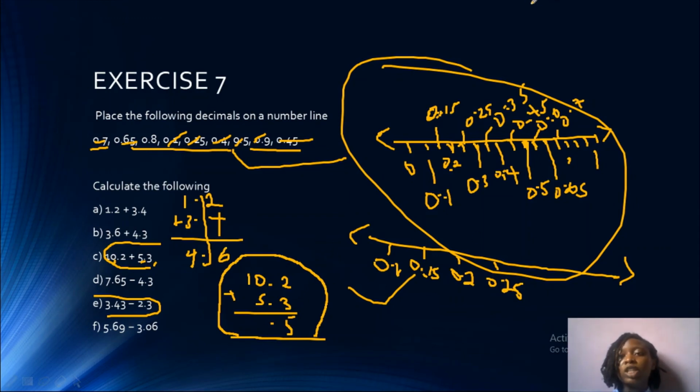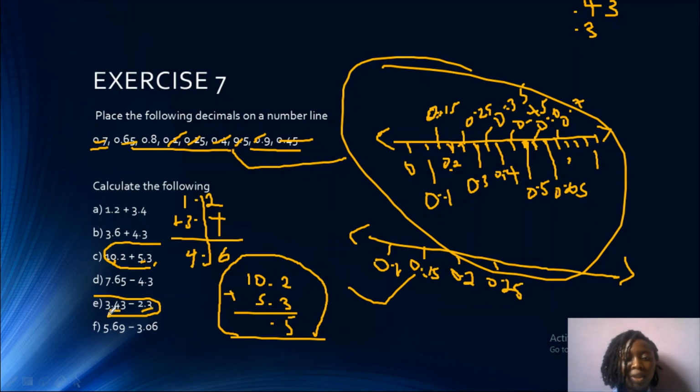So let's solve E and C. So with the same guide, my decimal points first. So for 3 points, 4, 3. So I know after the point I have 4 and 3. After this point, I know I have 3. You see, it's after the point that I have the 3. So the 3 can't come here.